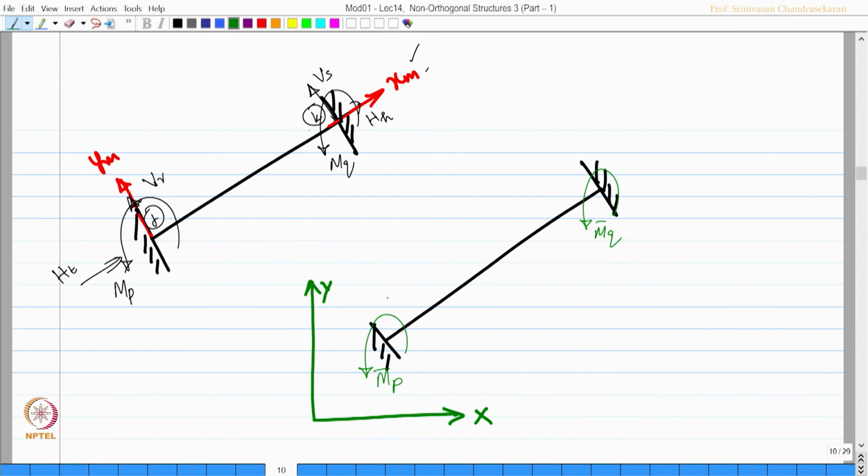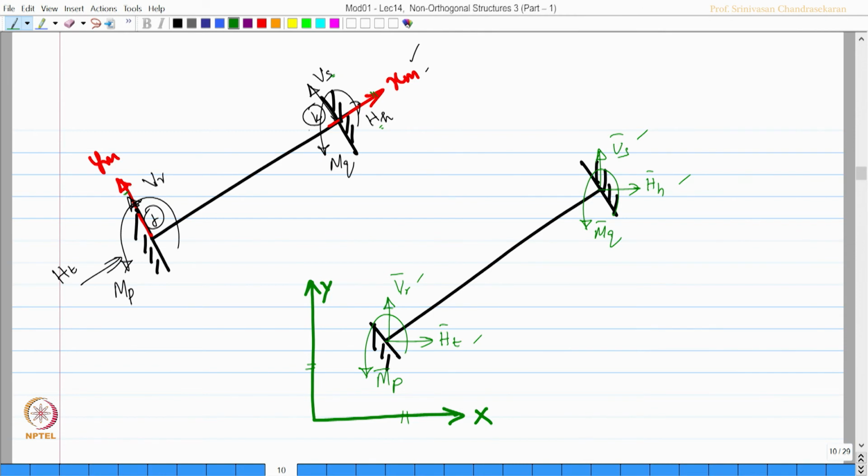This is going to be my V bar R and V bar S, and this is going to be my H bar T and H bar H. Please note the sign conventions of these, they are related to these two axes. So, there is a difference.